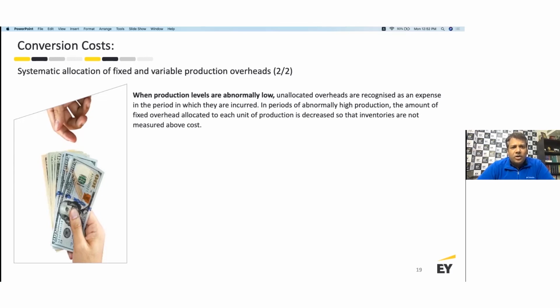In periods of abnormally high production, the amount of fixed overhead allocated to each unit of production is decreased, so that inventories are not measured above cost, right? That's the basic principle. You can't go above cost, so you've got to measure it at cost. How you determine cost is what you need to figure out.